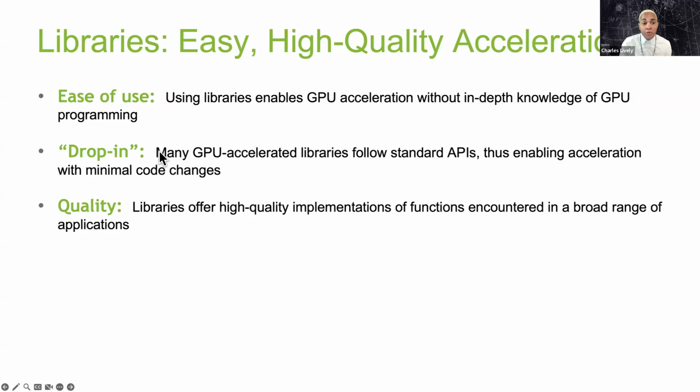They can be drop-in, following standard APIs so you can easily switch them in and out, and the libraries offer high quality and efficient implementations of the functions that may be needed, applying to a broad range of different application types as well.